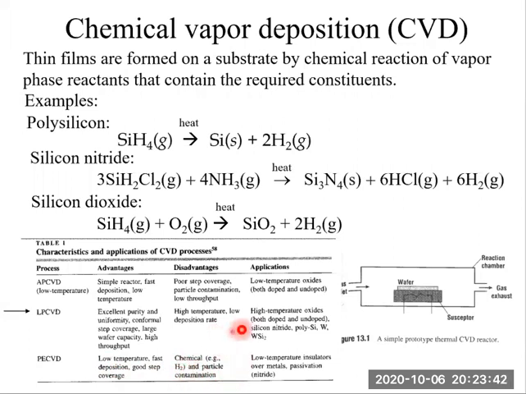So in terms of quality, LPCVD provides the best thin film quality, so it is widely used in surface micromachining. This figure shows a simple thermal CVD reactor.